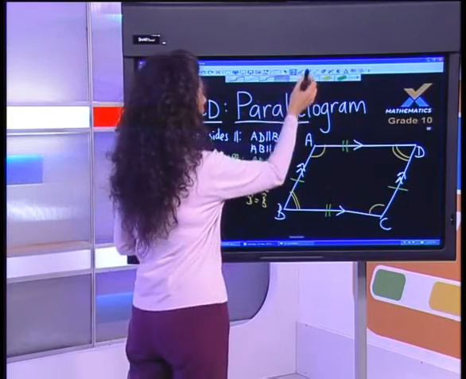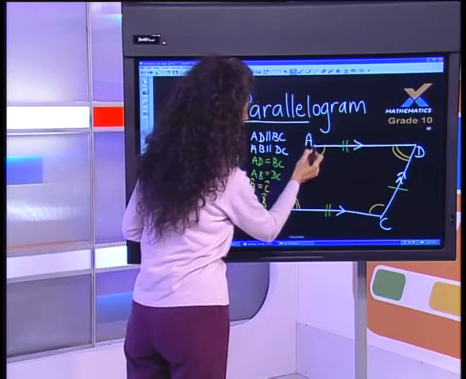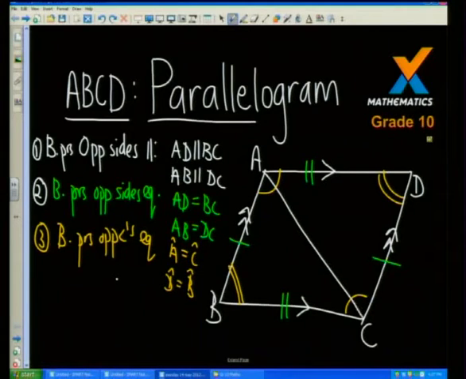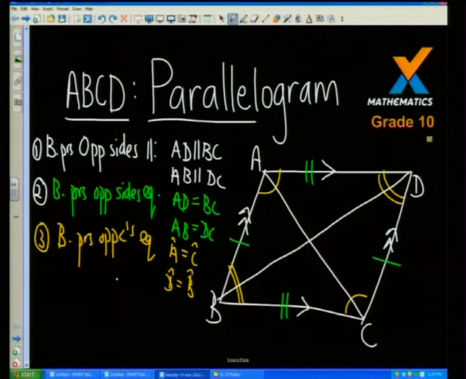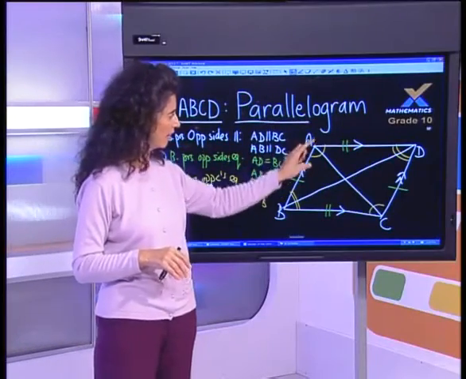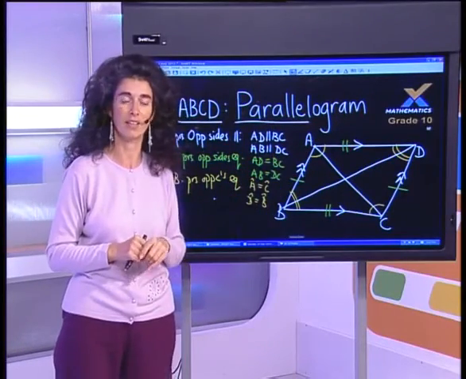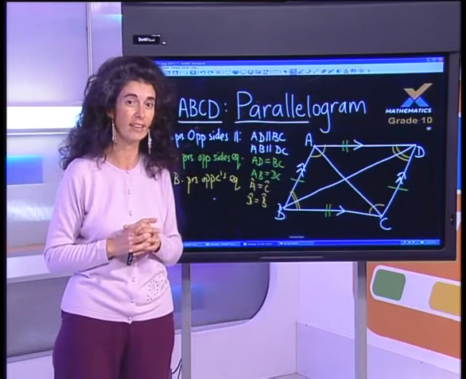And then finally, we'll look at the diagonals, AC and DB. And as I've sketched those two white lines, you'll see that AC is much smaller than what DB is. So those diagonals are not equal in length.